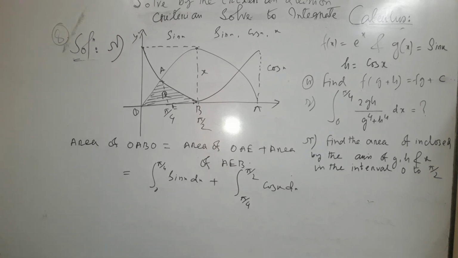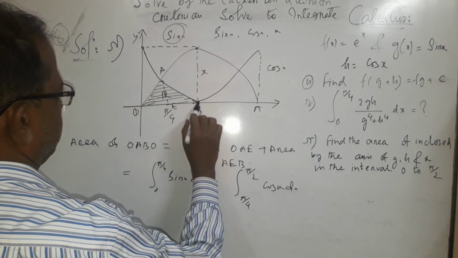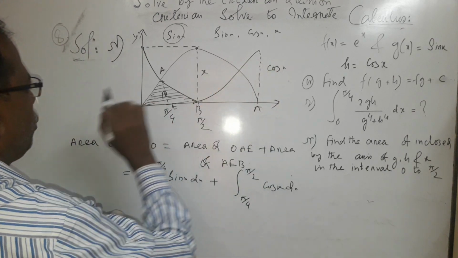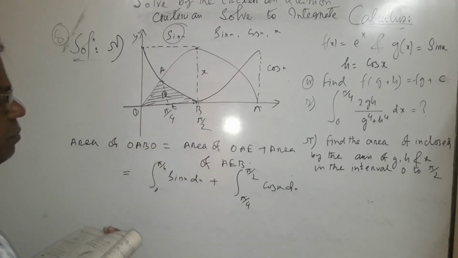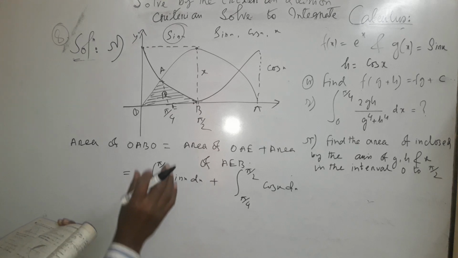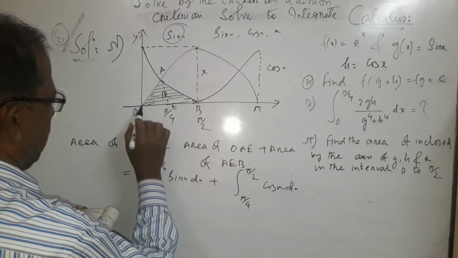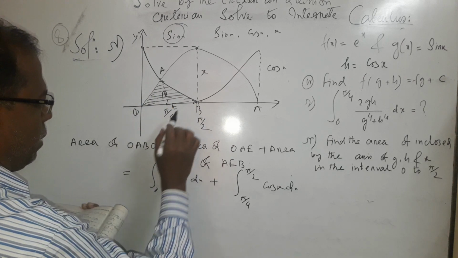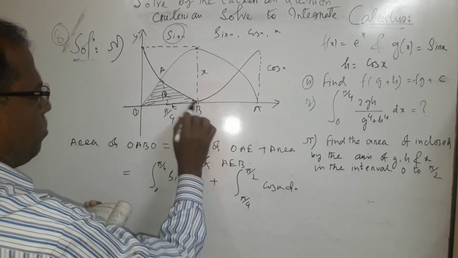We have to think differently. Firstly sin x, and secondly cos x. So that means area OAB, area OAE plus AEB.